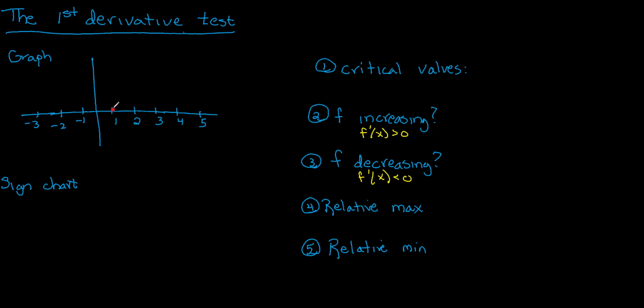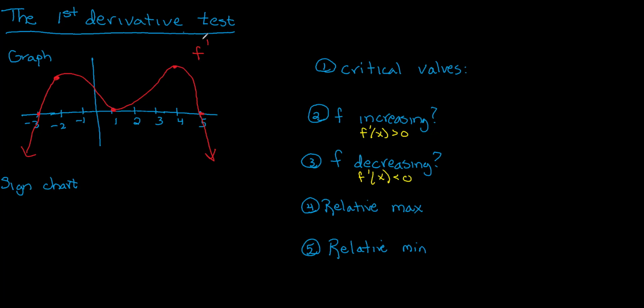So let me connect the dots. I'm going to come up, touch down, and then I've got another peak over here above 4, and I'm going to cross the x-axis at 5. And again, this is the graph of the first derivative.